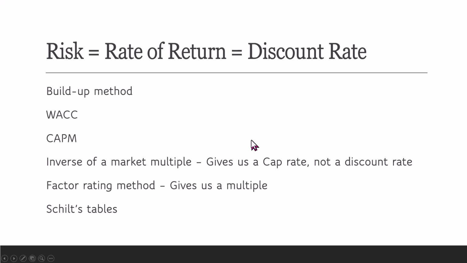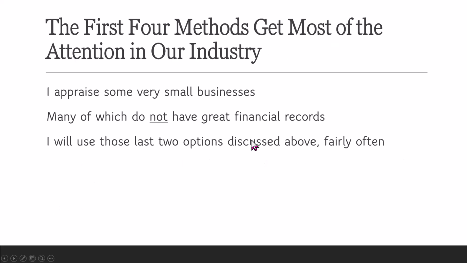So I appraise very small businesses. Those first 4 methods get an awful lot of attention in our industry, but the last 2 can get used. They're options. They exist. So I want to spend some time talking about those, because when I'm appraising a business that does not have great financial records, sometimes I need to look at these other options.